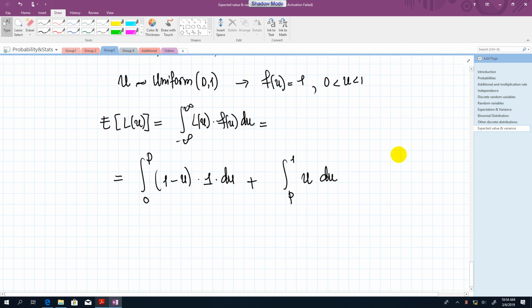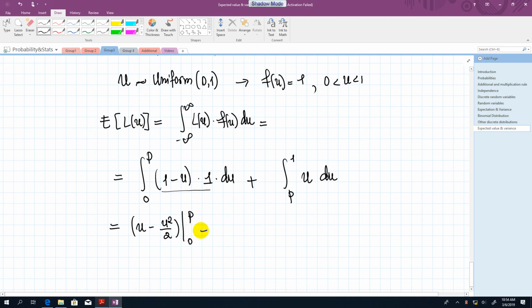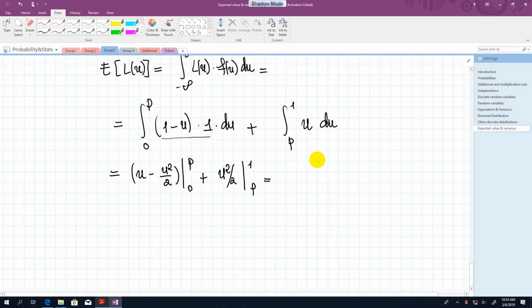Then the rest is technique. We just need to simply do the integration. The integration of this one is u minus u squared over 2. We need to put the values from 0 to P. Plus the integration of this one is u squared over 2. We need to put the values 1 and P. So this will be equal to P minus P squared over 2 plus 1 over 2 minus P squared over 2.